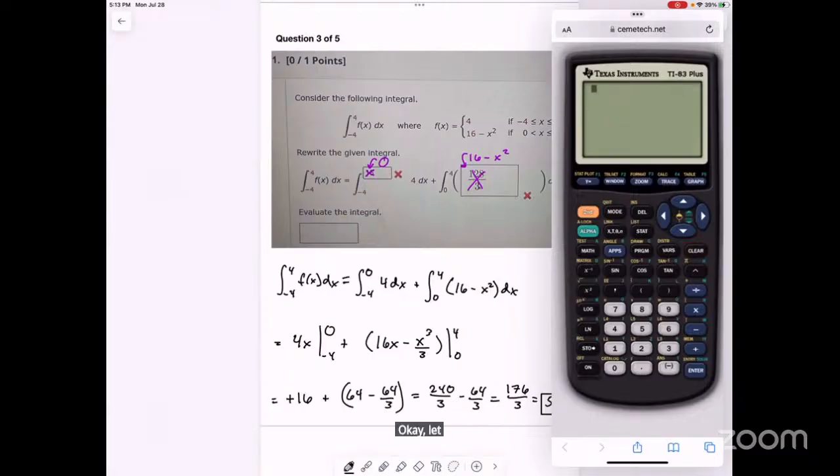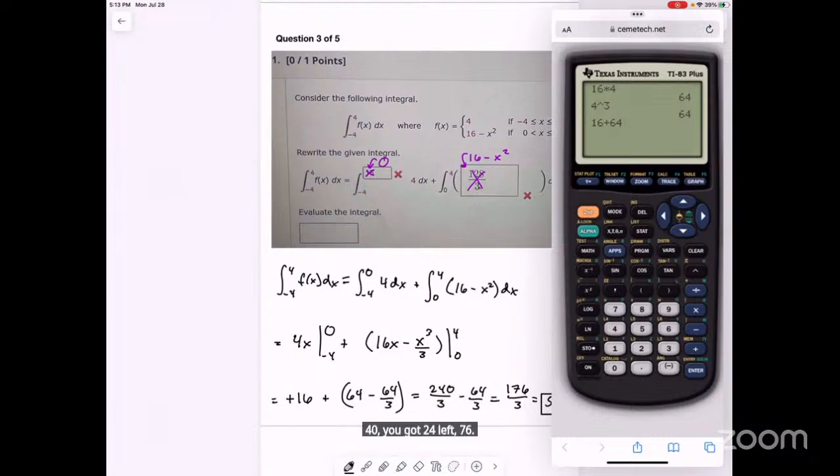Okay, let's see. That's a 0. That double negative is a positive. When we plug in a 4, 16 times 4, 4 to the power of 3. That's fine. 0 is all gone. Okay, 16 plus 64. But yeah, I'm subtracting. 40, you got 24 left. 76.